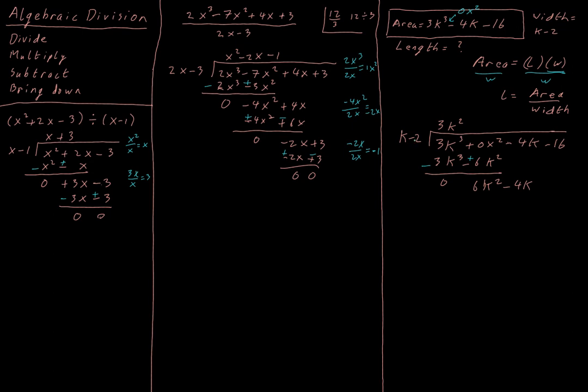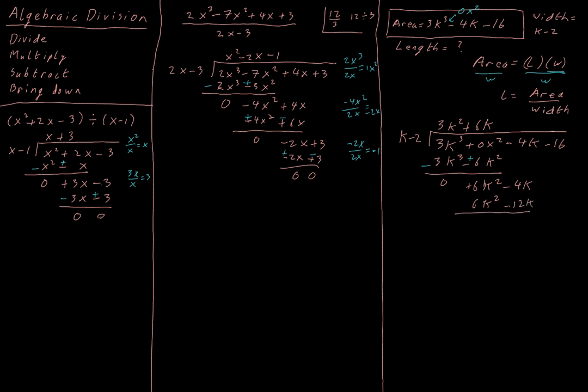And we start the cycle again. k goes into 6k squared plus 6k times, and then multiply. 6k multiplied by minus 2 gives me minus 12k.